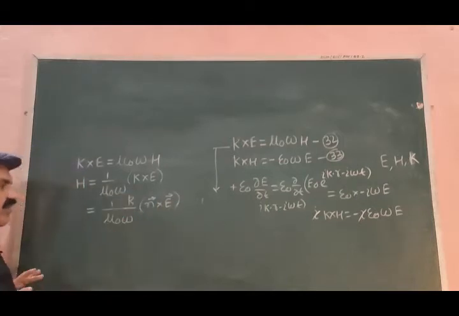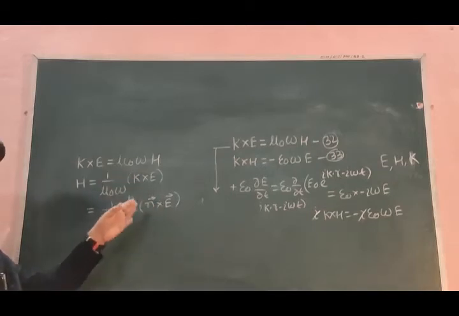But what is K by omega? K by omega is C. We have seen earlier in the same article.